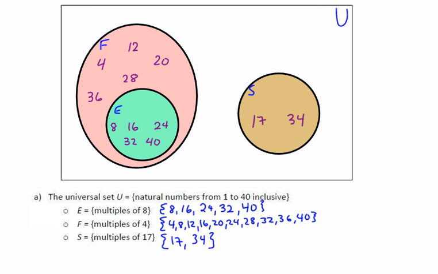Okay, now we still have to list all the other numbers from 1 to 40 that haven't been included, because that's our universal. So let's start up here. We'll start at 1, 2, 3. Would I write 4 here? No. Then we go 5, 6, 7. Would we include 8? Nope. 9, 10, 11. We would not include 12, it's already there. 13, 14, 15, not 16. And how about 17?